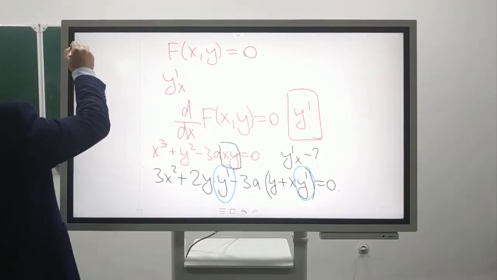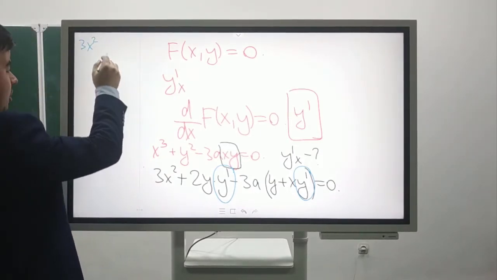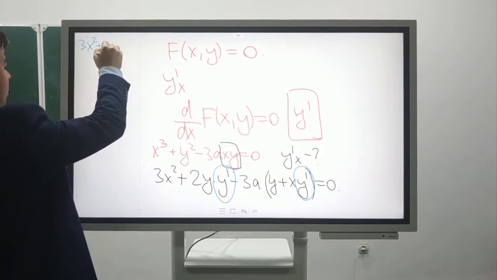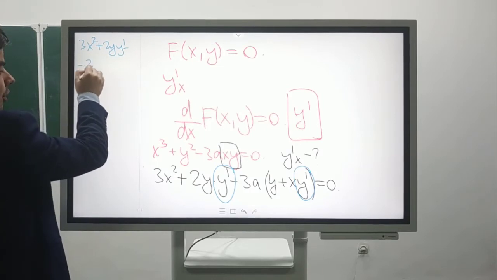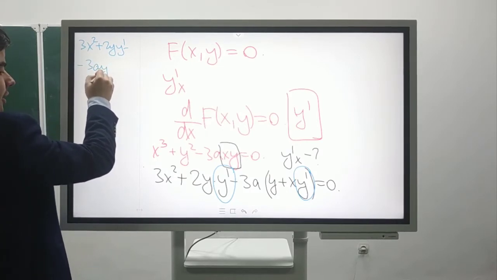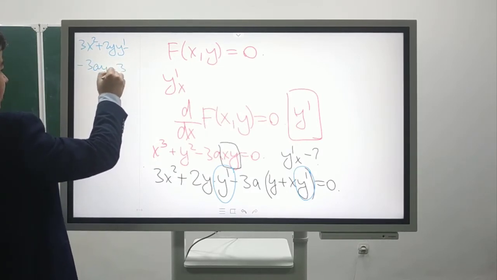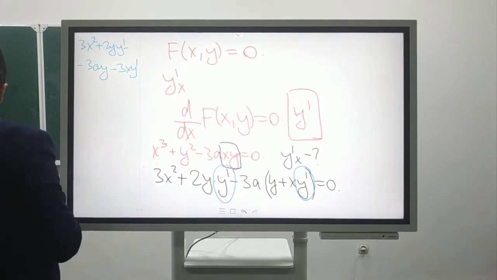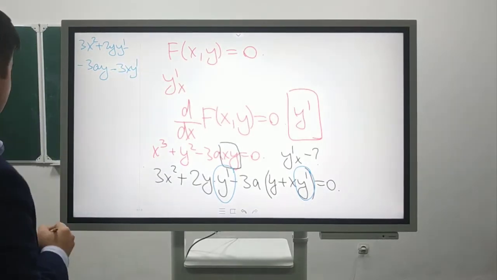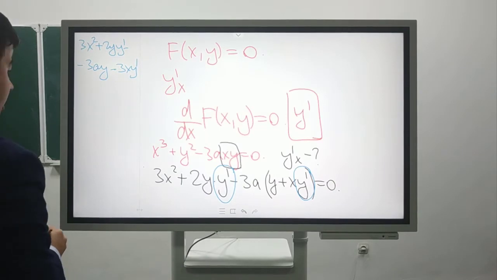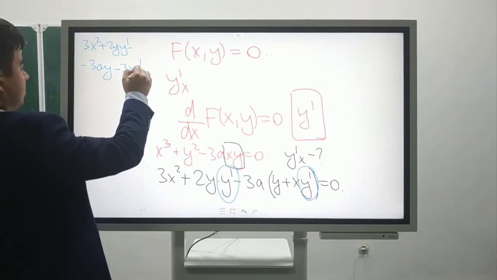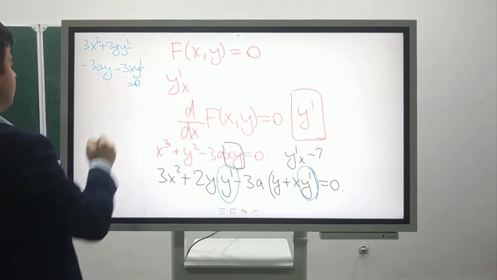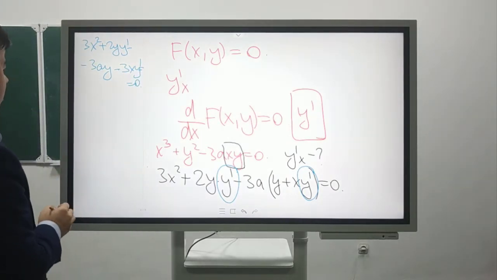So 3x squared plus 2y y prime minus 3ay and minus 3x y prime. So here it's equal to 0.